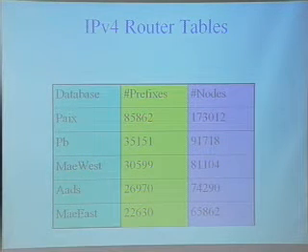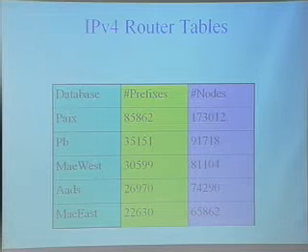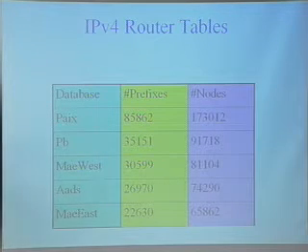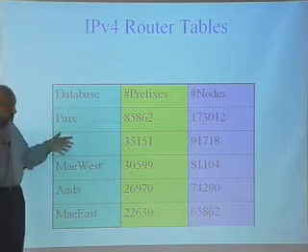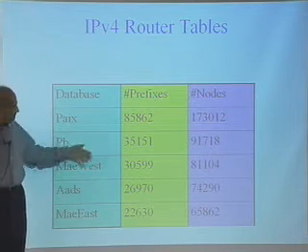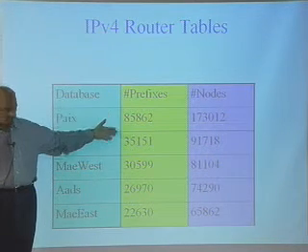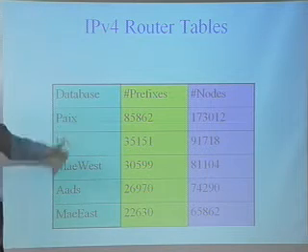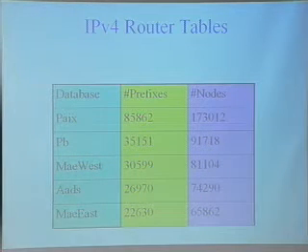So they do change in time, even if they're working in that semi-static mode. The largest tables that are out there currently are of the order of 200,000 rules. So this doesn't represent the biggest tables, just some sample of tables.